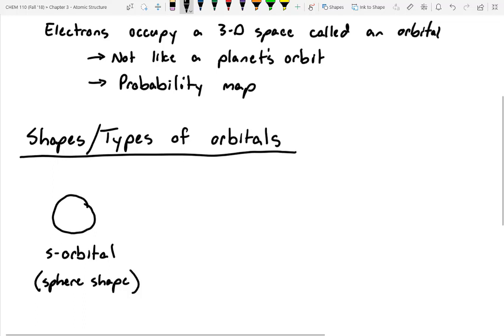All right, there's more complicated ones though, and in order to show these more complicated ones, I'm going to show Cartesian coordinates. So I'll do this 3 times to show all of the new orbitals that we're referring to.